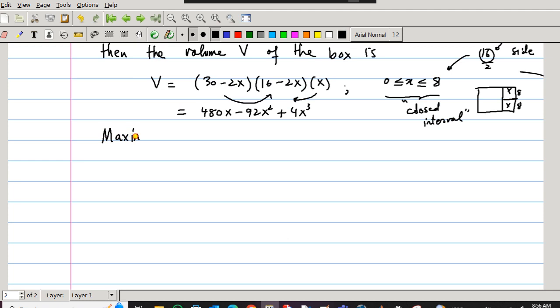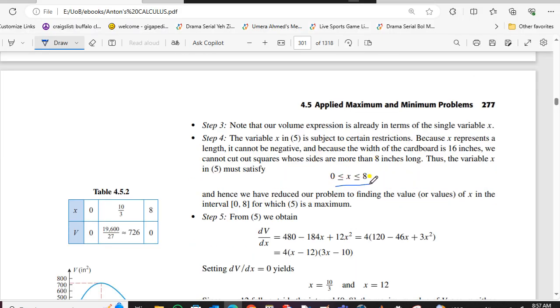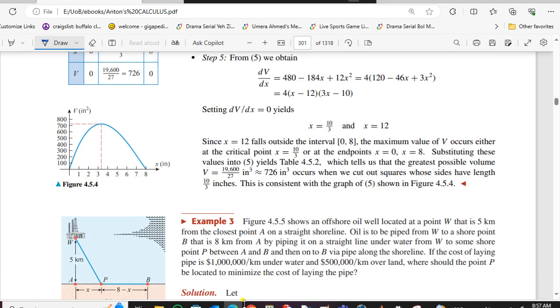So I have to maximize my volume, which is a function of x, over a closed interval, the interval 0 to 8. This is my question. So this is my maximization problem now.